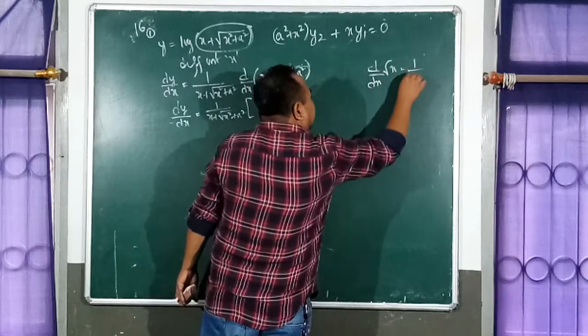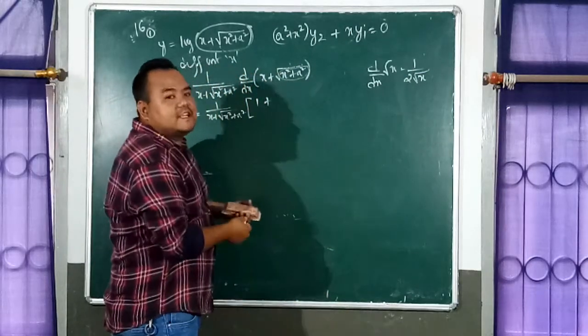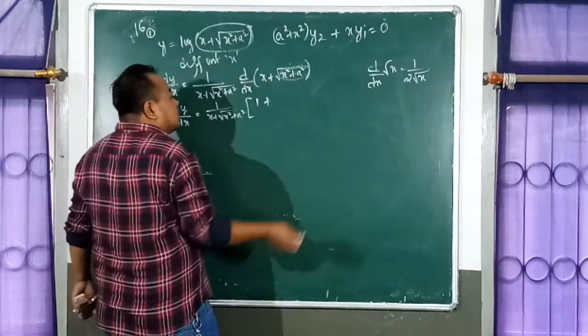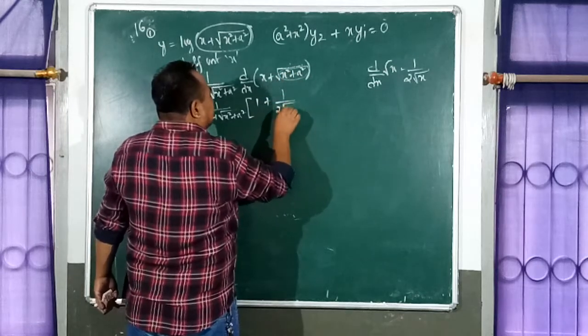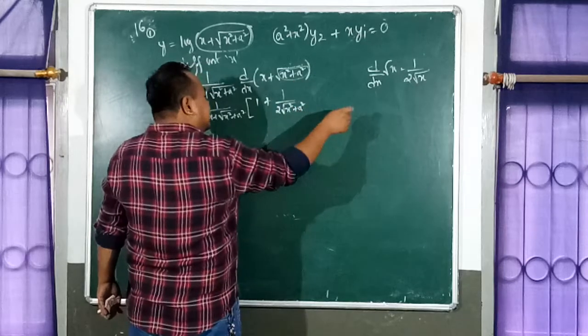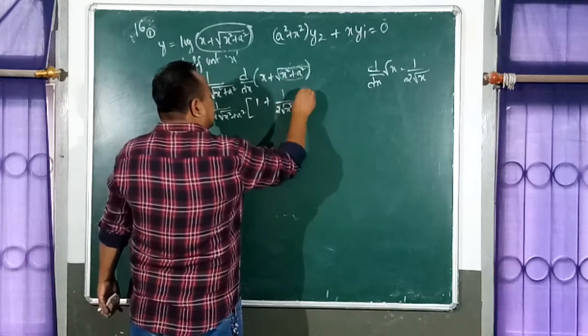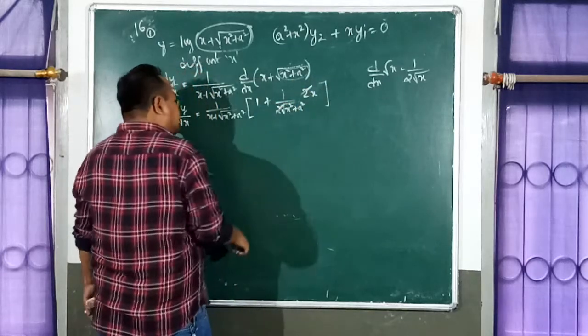It is 1 by 2 root x, isn't it? So I can use the formula only if there is x inside the root, but this is something else. So I assume root x is 1 by 2 root x, but this is just an assumption. So instead of writing d by dx, let me differentiate directly. Differentiation of x square is 2x, a square is a constant. So 2 and 2 get cancelled.